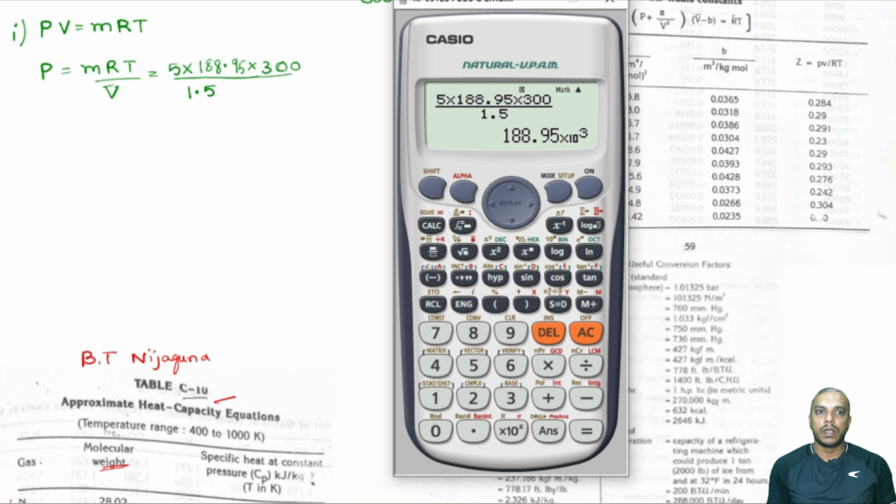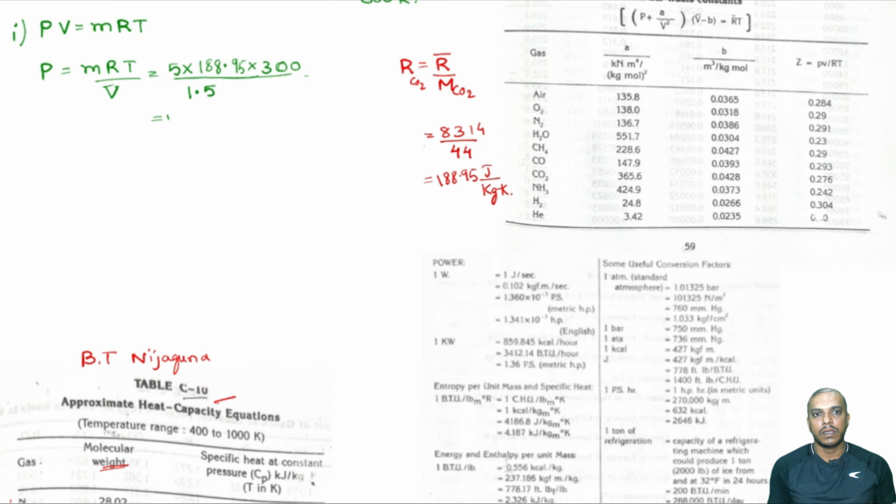So, 188.95 into 10 power 3 is the pressure in Newton per meter square. Or if you divide this by 1000, you can write it as 188.95 kilopascal. So, this is by the ideal gas equation.